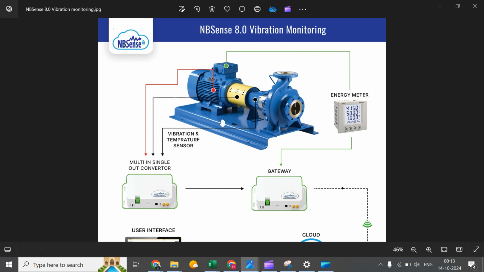So this is one typical motor system, motor and its application, where we can see the field sensors. We have to put dedicated vibration and temperature sensors on the selected part or portion of the motor and the application or couplings.